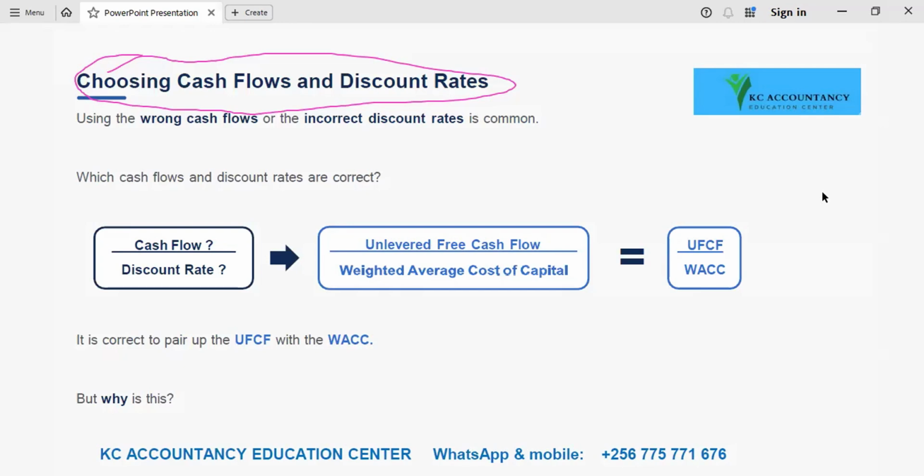So the discount rates and the cash flows are really very important for us to have done correctly.